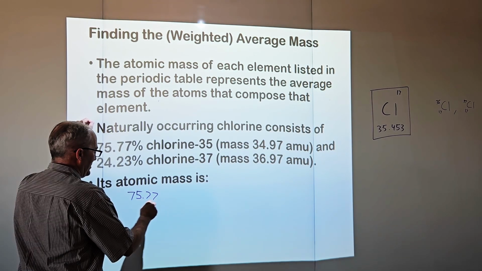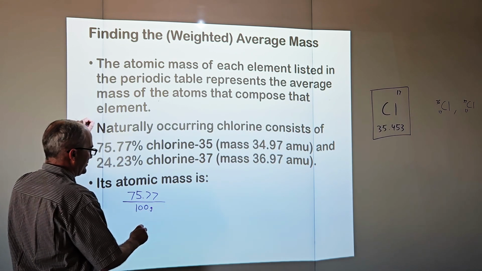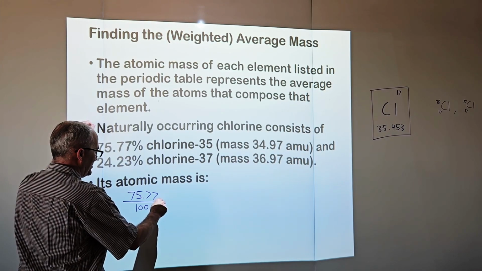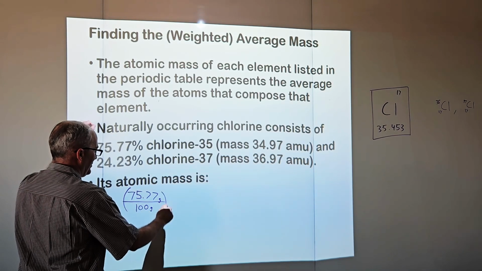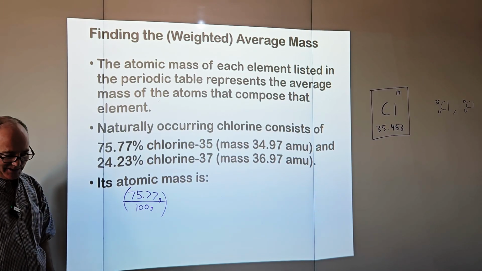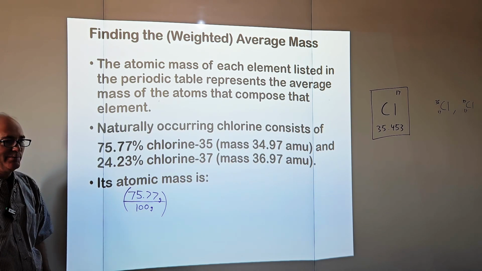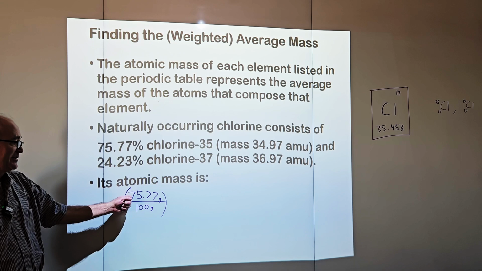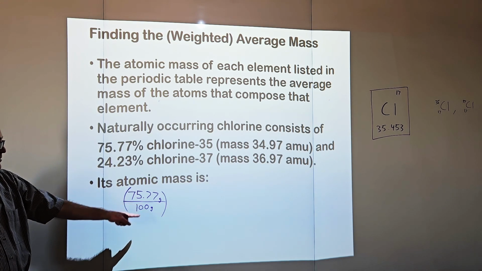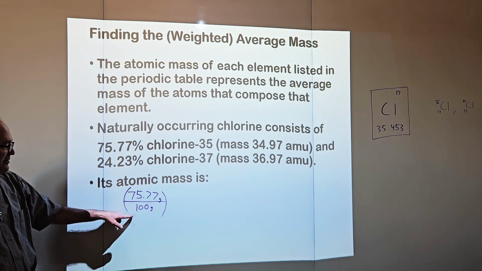So what does 75.77% mean? That might mean if we had a 100-gram sample, what's 75% of 100? If you got a 75% on your exam and there was 100 points possible, how many points did you get? You got 75 points. So this is what percent means: so many out of 100.